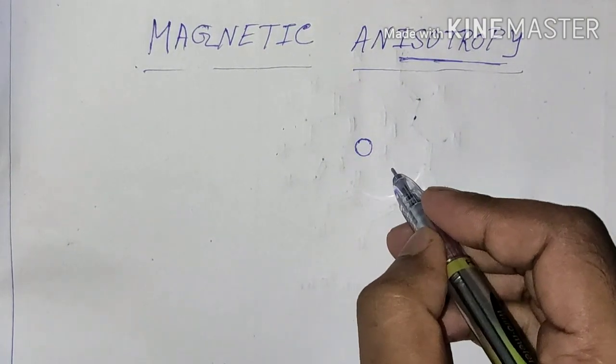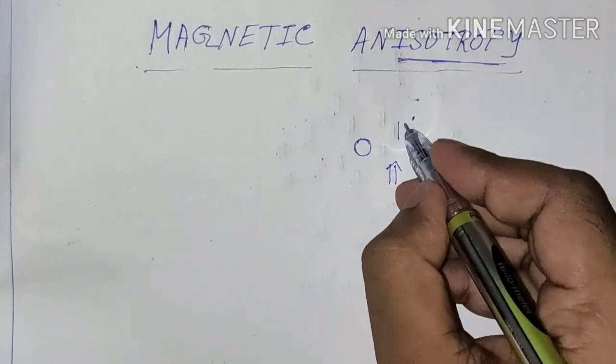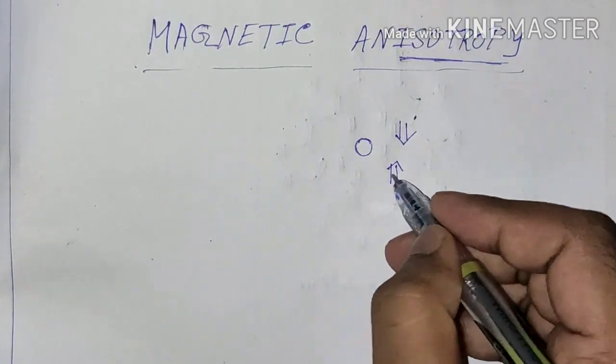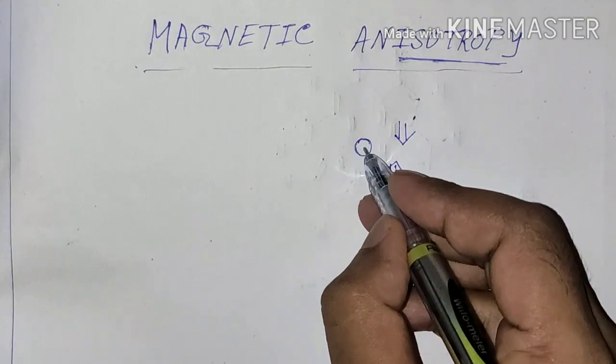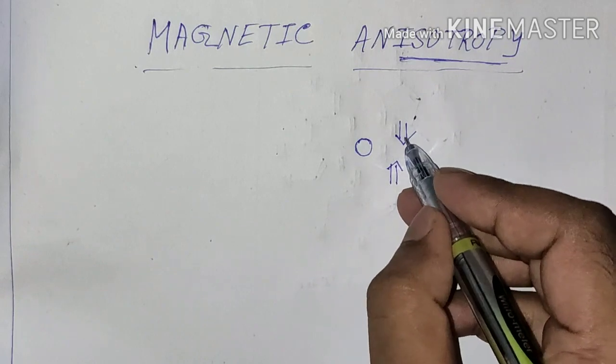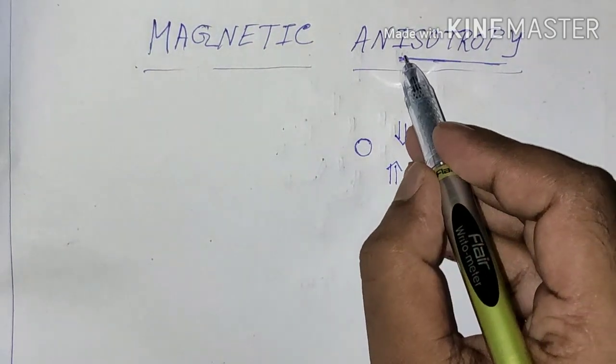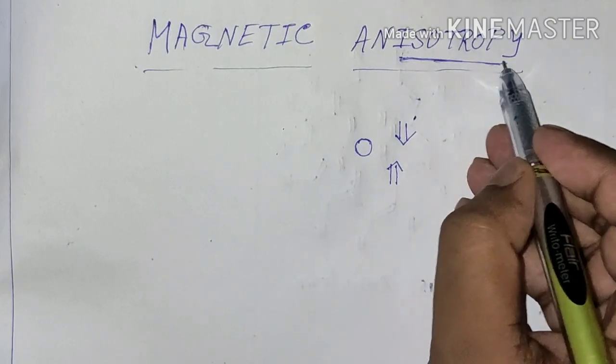If you apply a magnetic field in this direction or along this direction, the magnetic behavior of the substance will be similar irrespective of the direction of the applied magnetic field. That is the significance of the term isotropy.